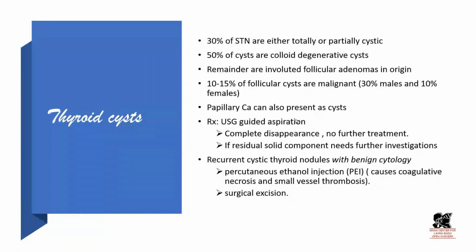If you have a recurrent cystic thyroid nodule with benign cytology, you can do what is now known as a percutaneous ethanol injection or PEI, which causes coagulative necrosis and small vessel thrombosis. Or you can go ahead and do a surgical excision.